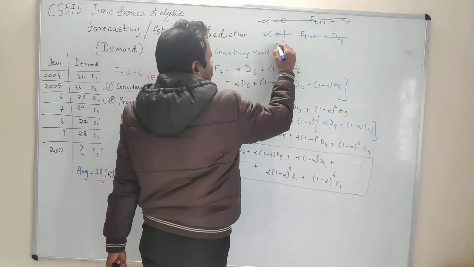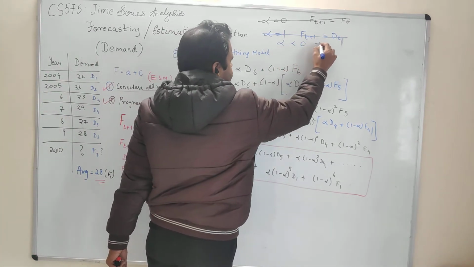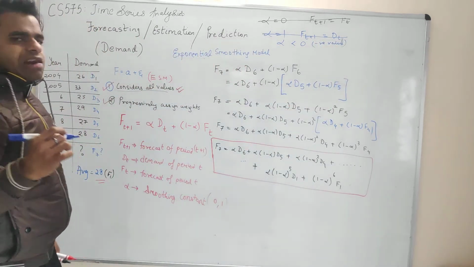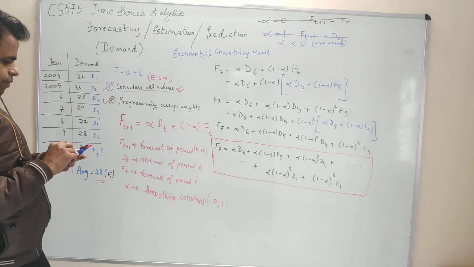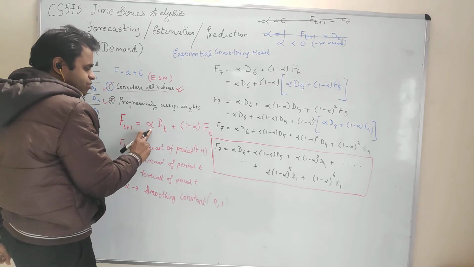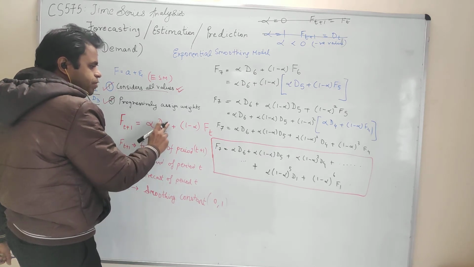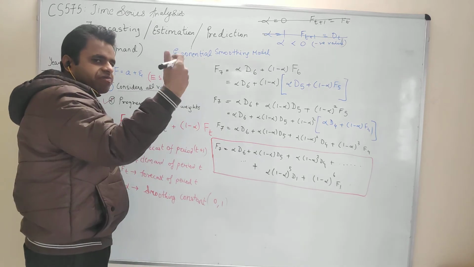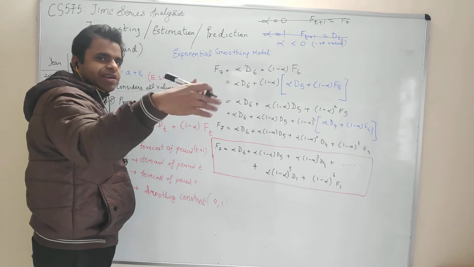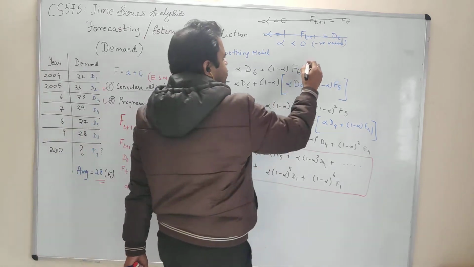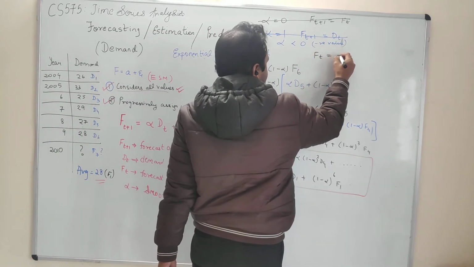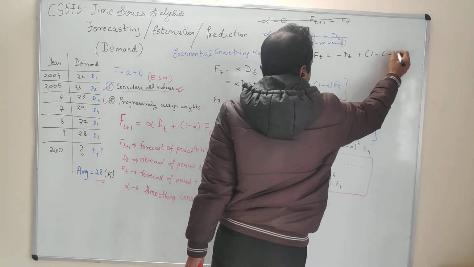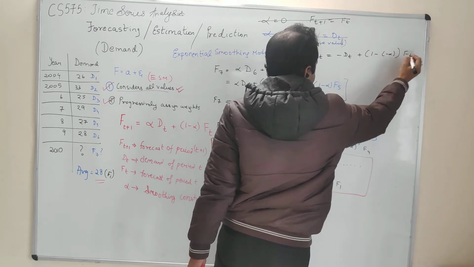Now what if alpha is less than 0? So negative value. When alpha is less than 0, you can see this particular term will become negative and 1 minus of negative alpha will become a very high term. So this will be like f of t is equal to negative of dt plus 1 minus alpha f of t.